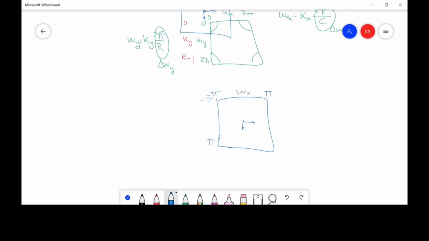This is omega x, omega y. The delta omega is still the same, so your steps have the same size here again.